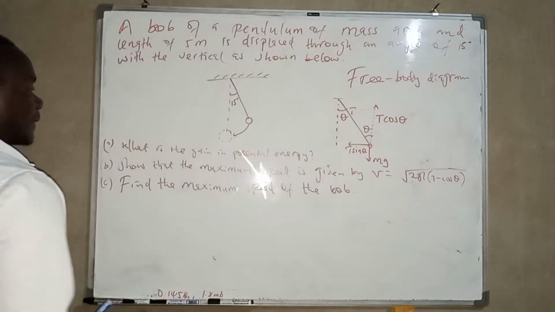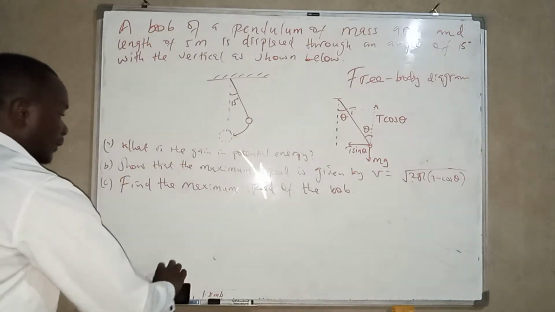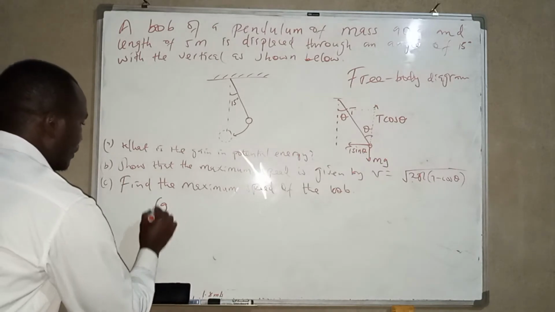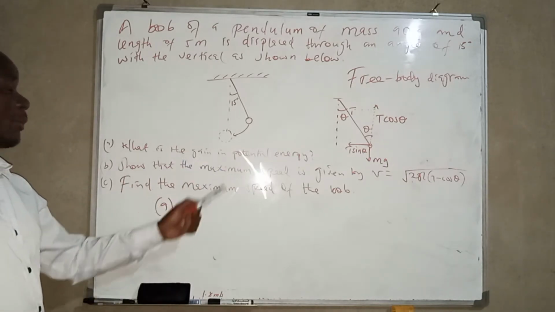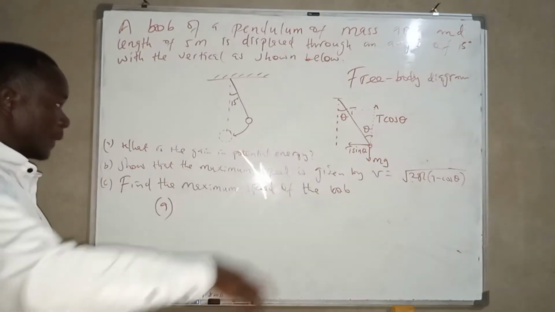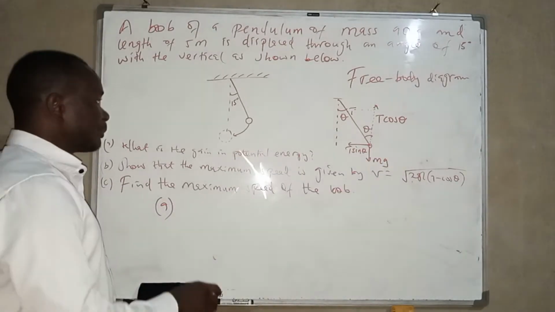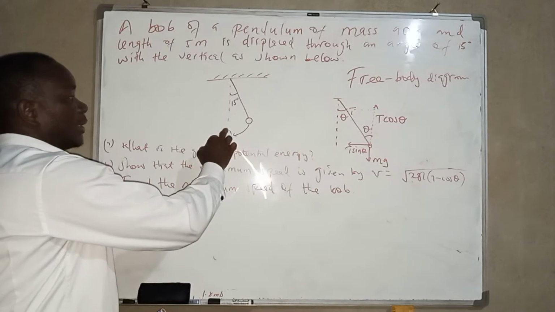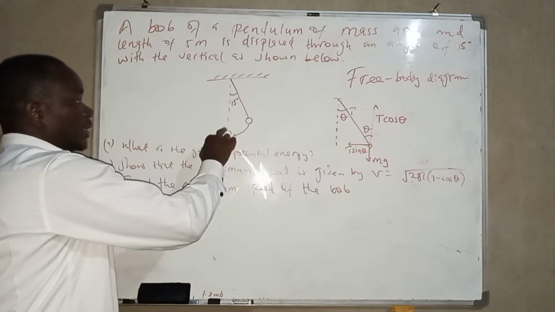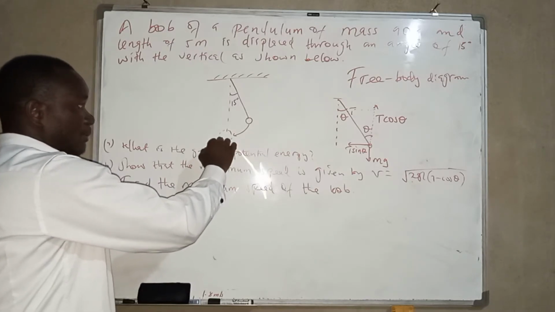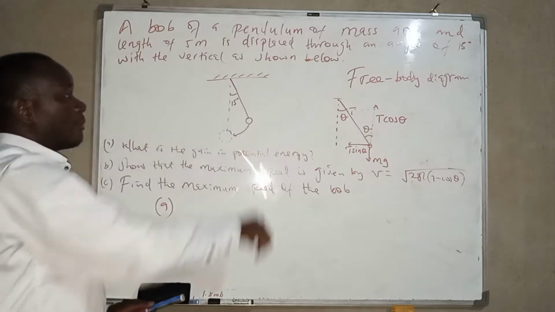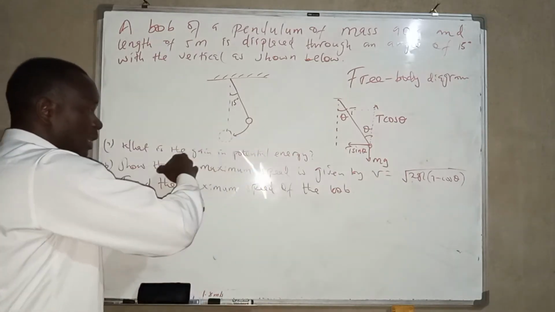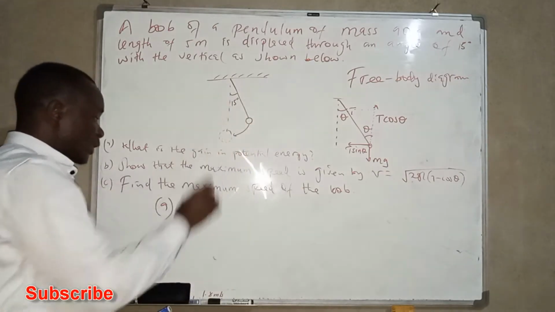Now, let us come up with the answer for the first part, finding the gain in potential energy. Remember that when the bob is swinging, it has potential energy which is simply 0 at its rest position. When it is at this point, it has maximum potential energy, and as it begins coming down, it has kinetic energy.